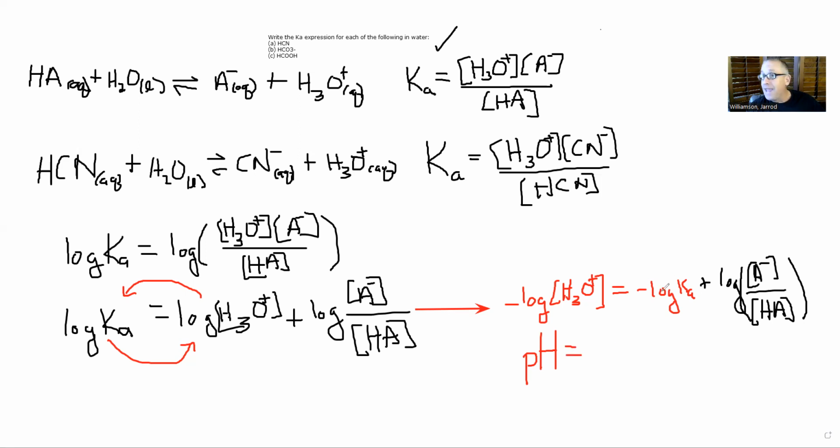Minus log of the Ka is called the power of the Ka. Well, it's called pKa. Plus, we have this other stuff. Log of A minus over HA.